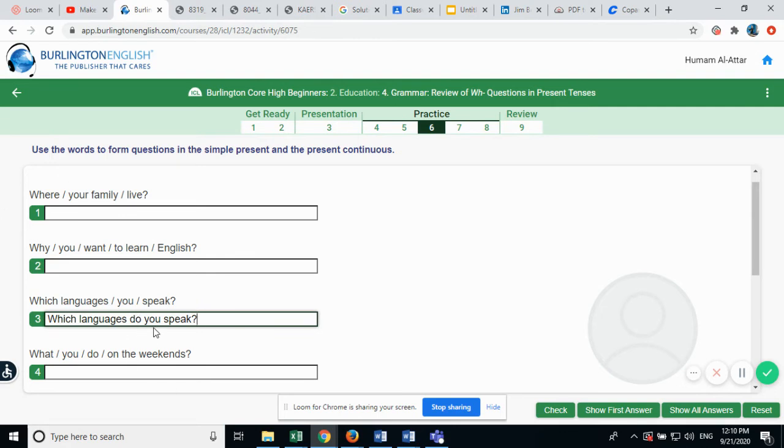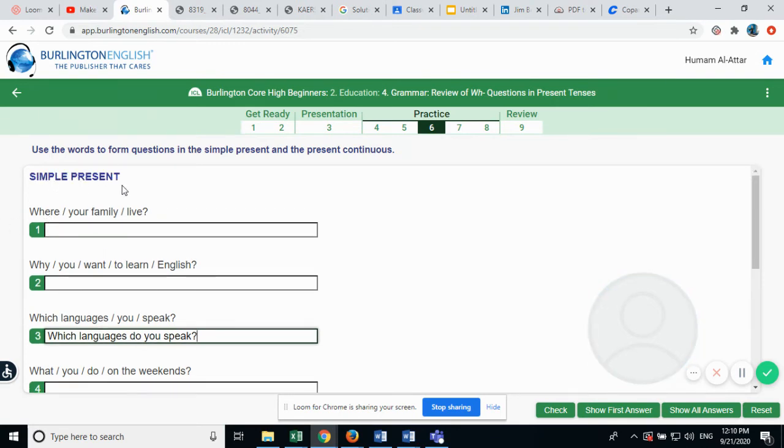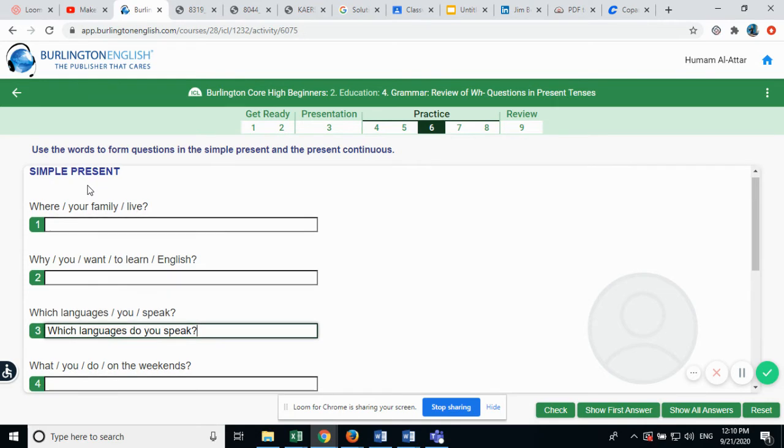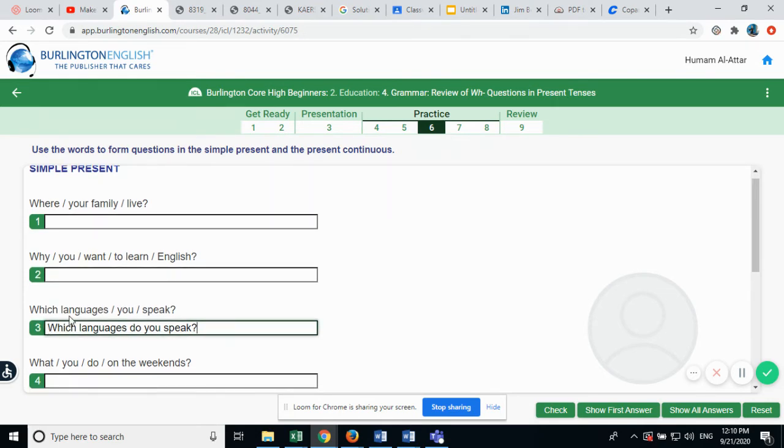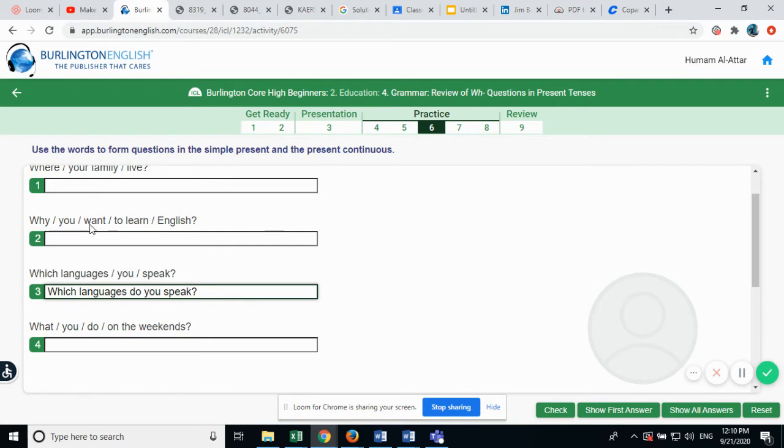See here, the do is missing. And it's simple present. Which languages you speak? Which languages do you speak? Okay, so here in these three, you need to do the same thing.